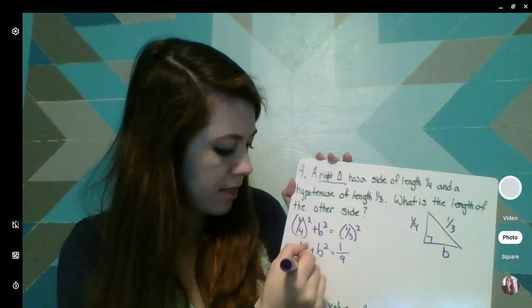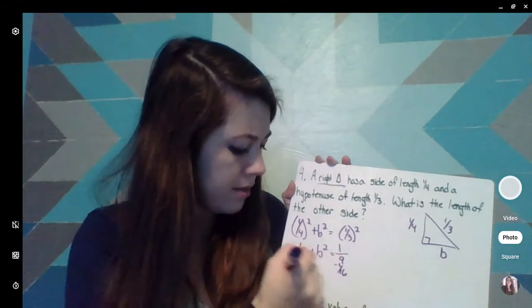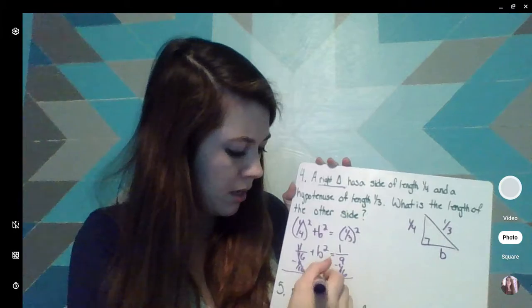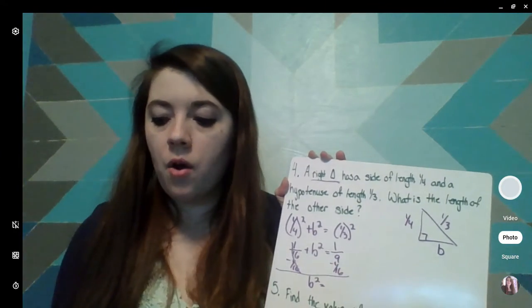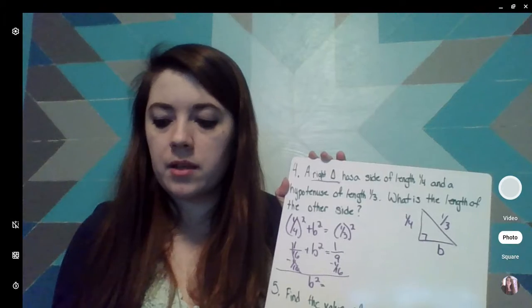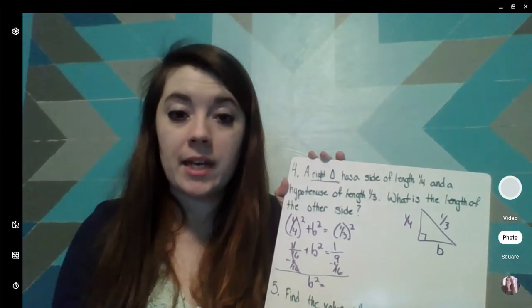Now we need to subtract 1/16 from both sides. So we end up with b squared equals 1/9 minus 1/16, and we have to have a common denominator.